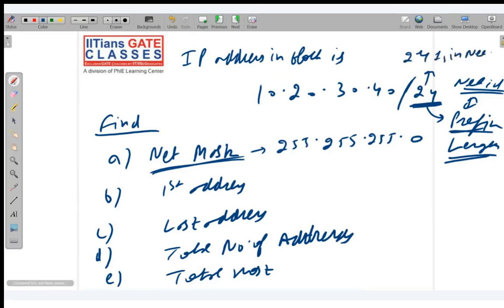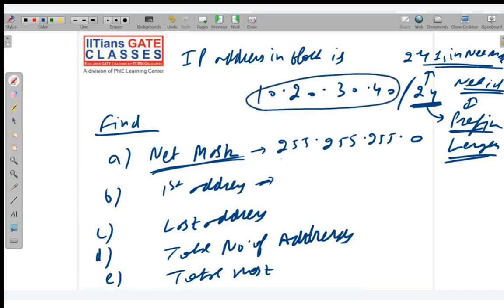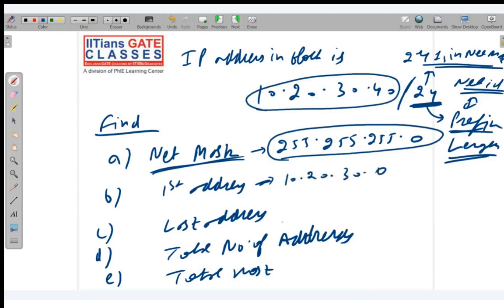Okay, first address. How will you find the first address? You simply AND this IP address with the net mask. You will get the first address: 10.20.30.0. Last address: you NOT the net mask and OR it with the given IP address. You will get 10.20.30.255.